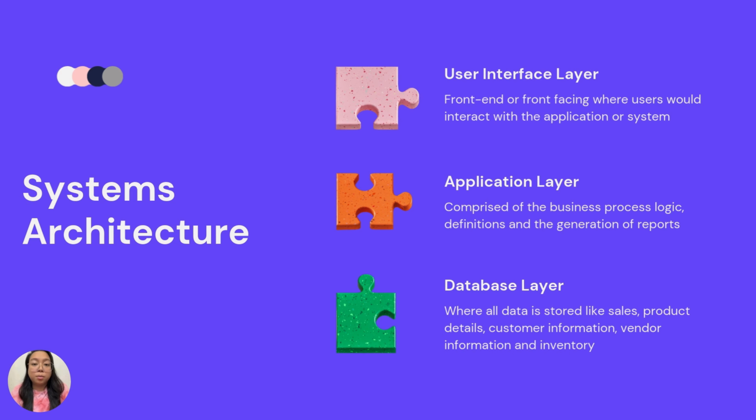I included a systems architecture because I want to visualize how it would look like. So this is a common system architecture. On the top level, we have the user interface layers. This is the front end or front facing where the customers would interact with the application or the system itself.